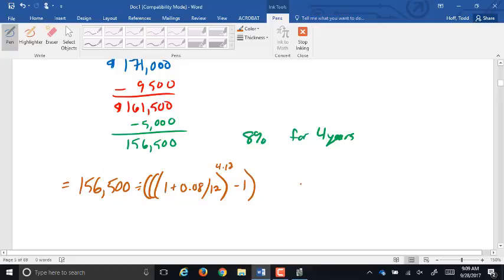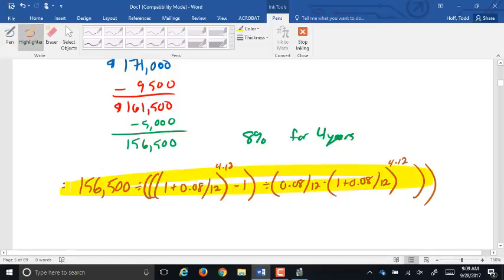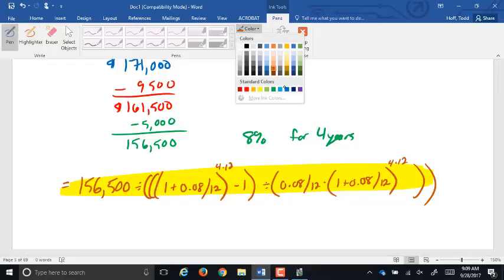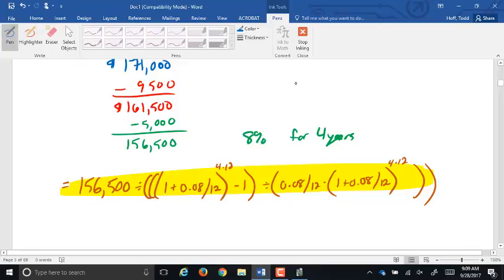Minus 1, close parentheses, divided by, open parentheses, 0.08 divided by 12 times 1 plus 0.08 divided by 12, close parentheses, that power of 4 times 12 again, and then close and close. Now I'm going to pause there. If anybody needs to write that down, I'll give you guys a minute to write it down. Just a little formula.